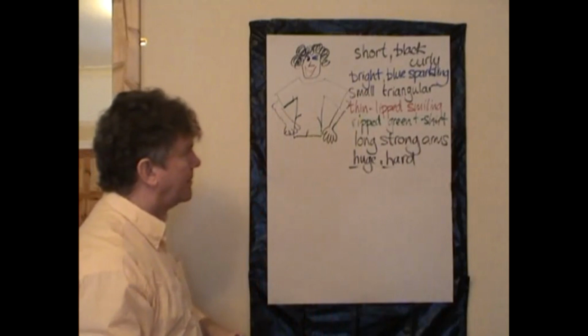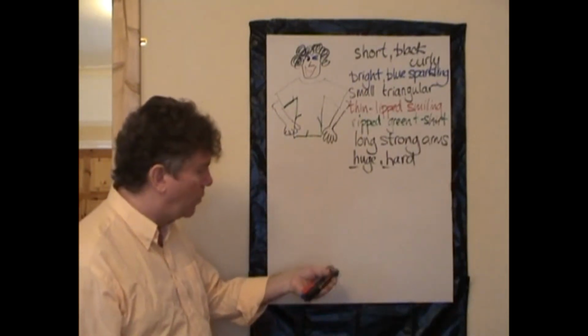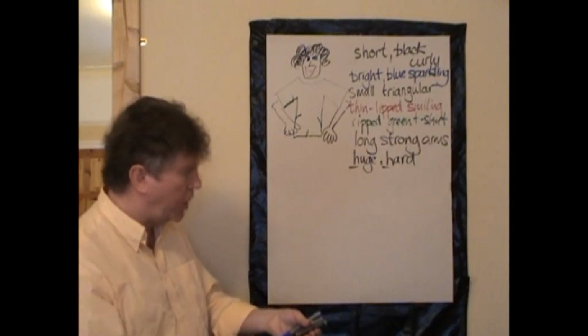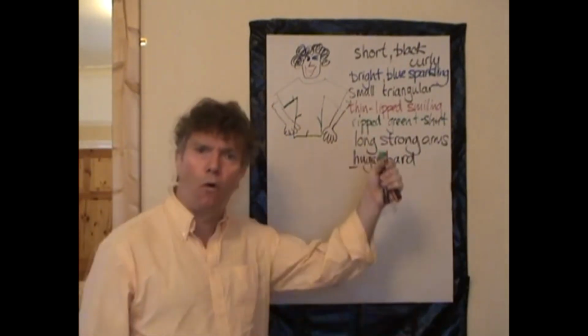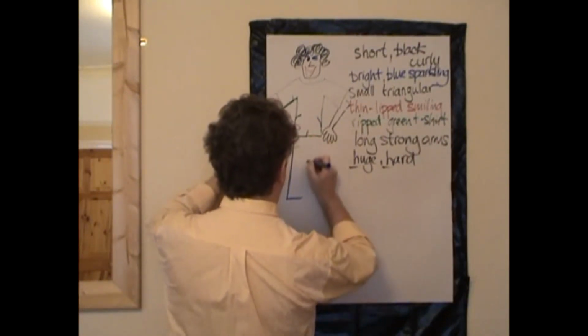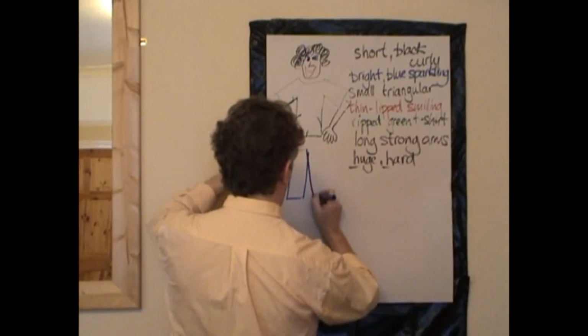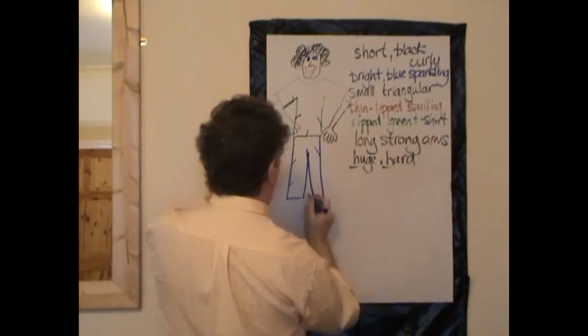What's he got on his legs? Trousers, jeans. He's got jeans on. Ripped. No, you can't have ripped. We've got that. Torn. Oh, good. So he's got torn jeans on his legs. Torn jeans. That's good.